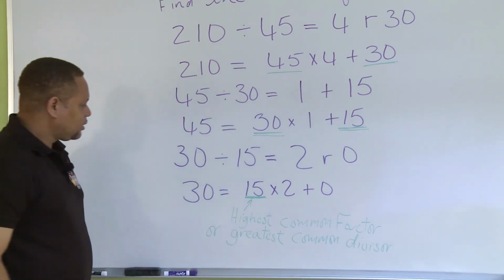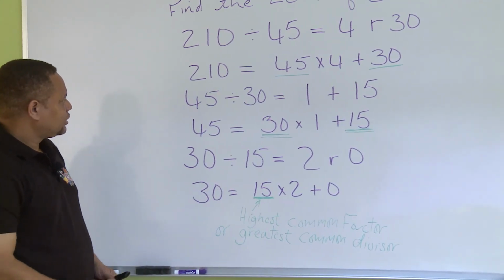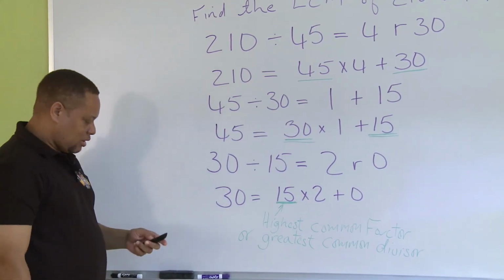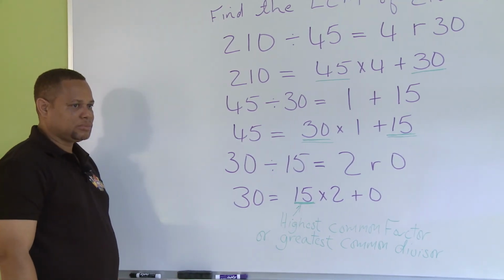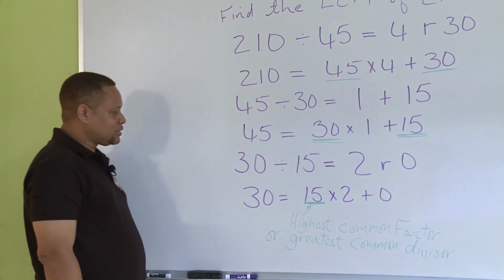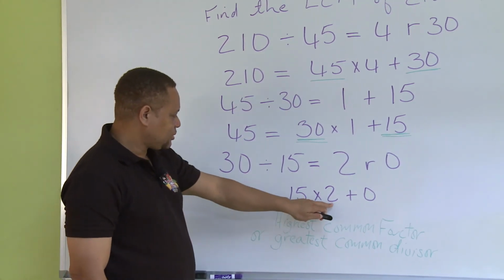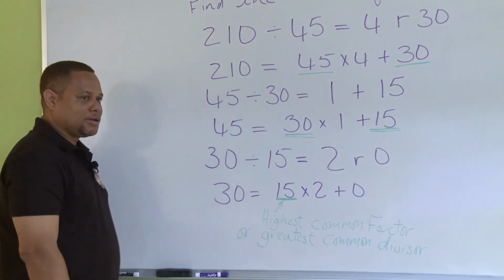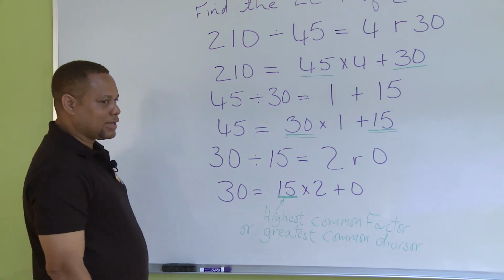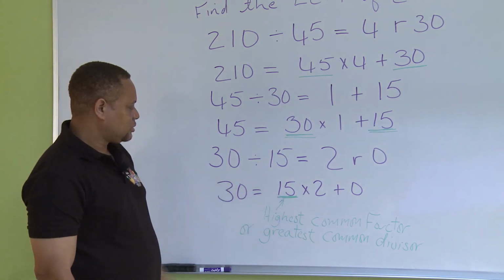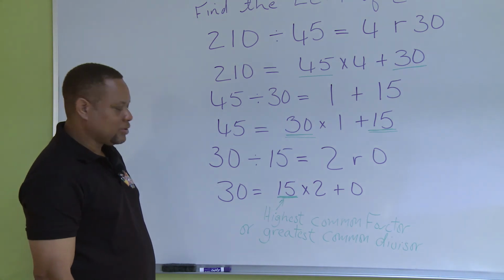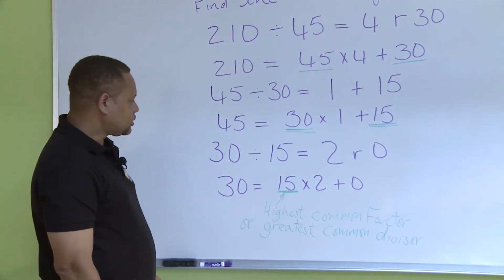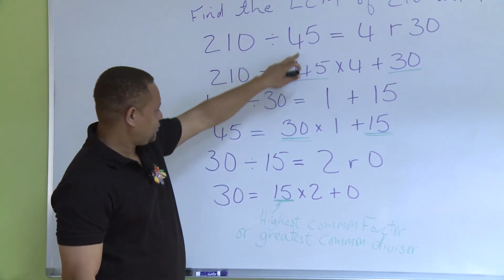So it's basically the highest factor that can divide into 210 and 45 without leaving a remainder. In our last equation, we had 30 equal to 15 multiplied by 2 plus 0. Our remainder is 0. This last divisor or factor, 15, is our HCF, or greatest common divisor. So the greatest common divisor of 210 and 45 is 15.